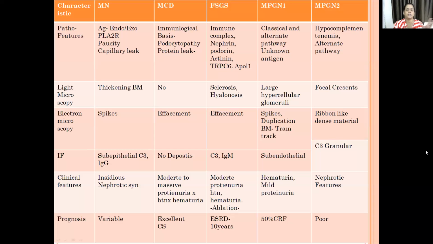If you remember the FSGS, what happens? Initially, there is a part or a fraction of the glomeruli which are involved, then the other glomeruli will take up the action, that is compensatory hypertrophy of the glomeruli will happen with increased capillary pressure and increased glomerular hypertension.